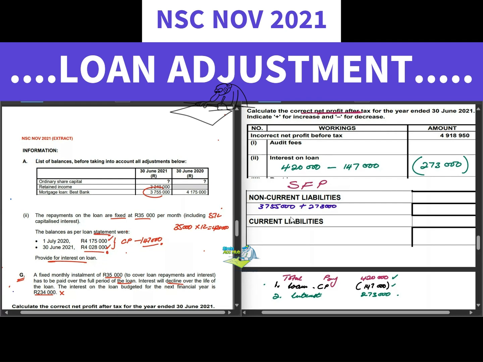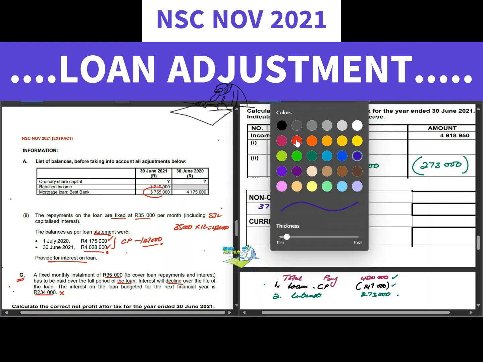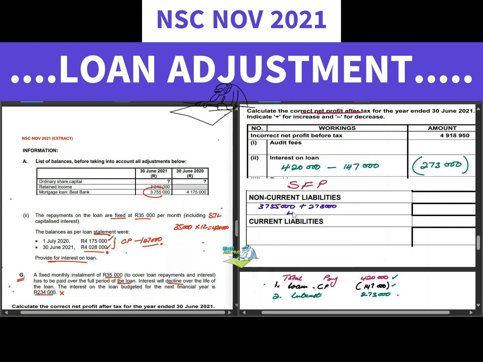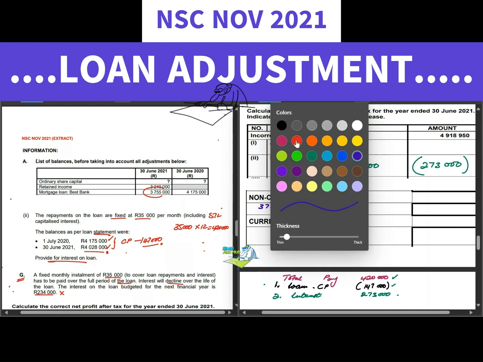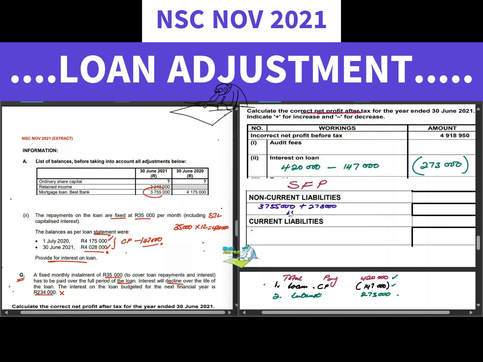So I might as well just use the 4,028,000. It's still the same thing as taking the 3,755,000 and adding the interest.